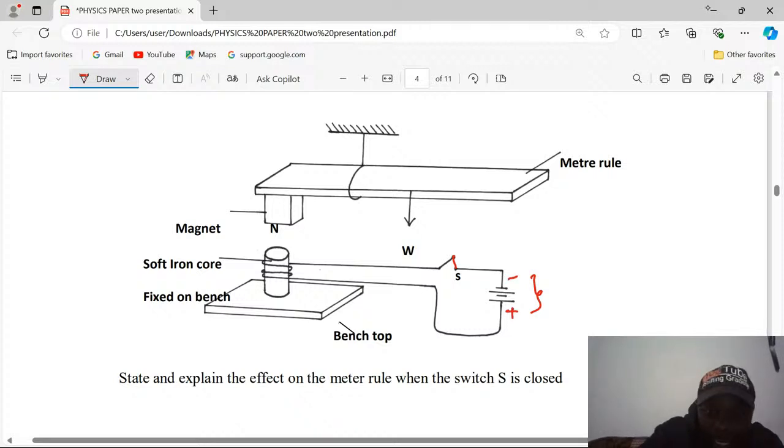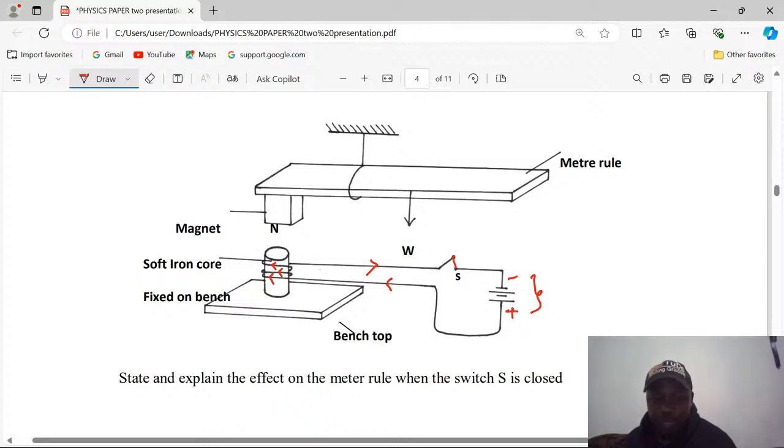Current will be flowing this way, then back here, such that at this point current has to flow in such a direction. So that is how current is going to be flowing around the soft iron core.